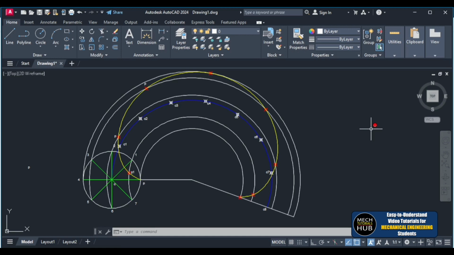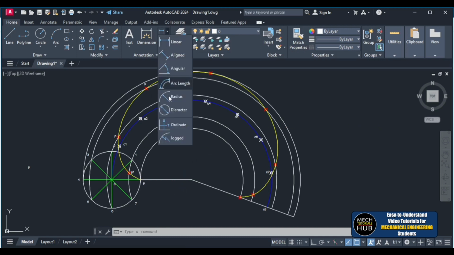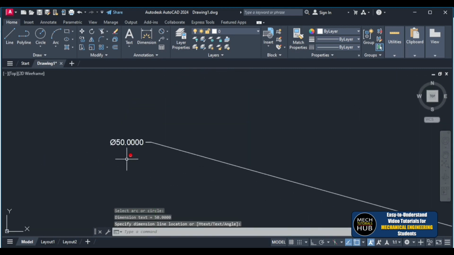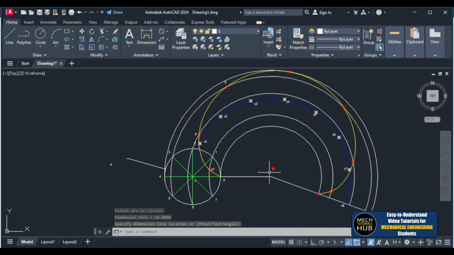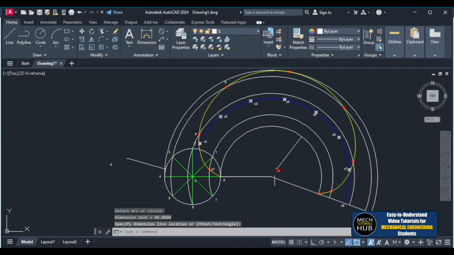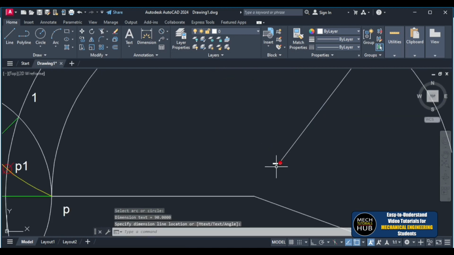Accordingly, in the same curve you can place as many dimensions as you want. For example, the diameter of this circle is this much, diameter 50. Similarly, I can take this arc radius also. Have a look, it is 90.